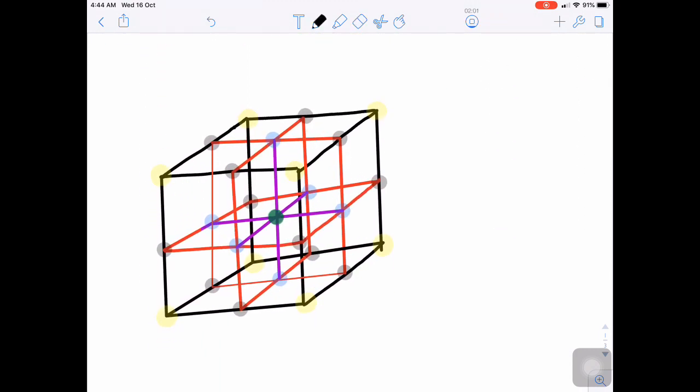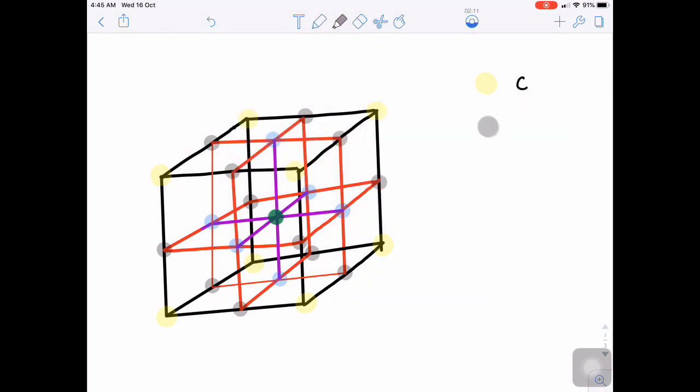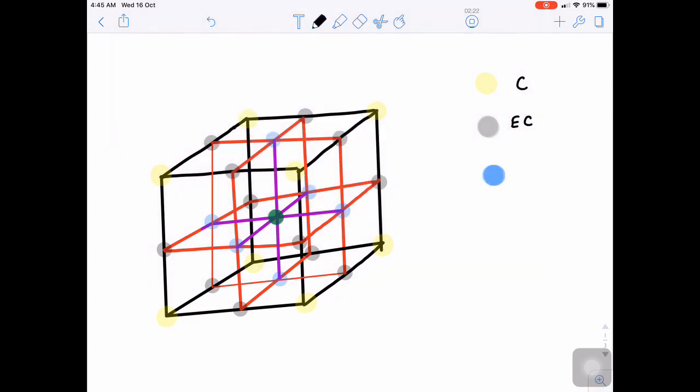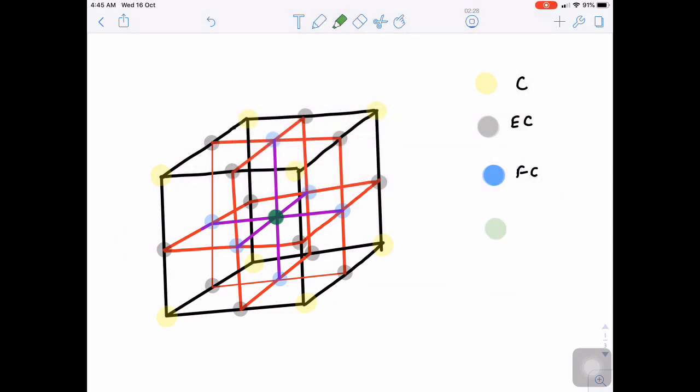Let's take a fresh diagram. And in this fresh diagram, let us talk about what exactly is going to be discussed now, which is what we are going to discuss here as elements of symmetry. So if we again reconstruct the whole thing, the yellow color things are corners, gray color things are edge centers, the blue color things which I'm highlighting now are face centers, and the green color one is body center or center of body.